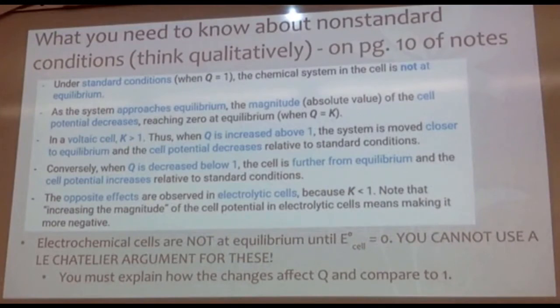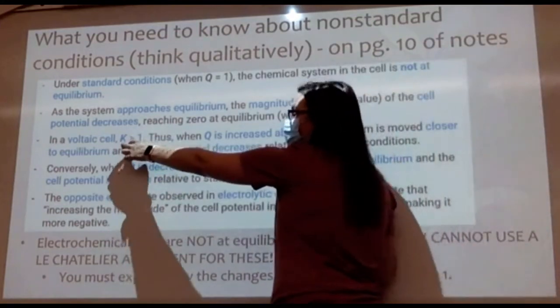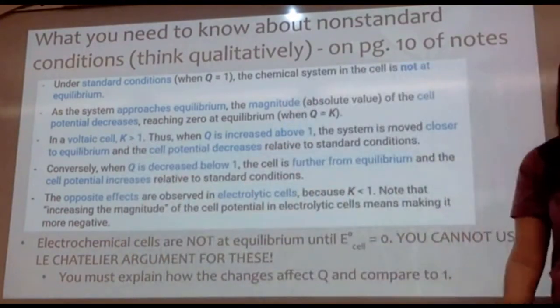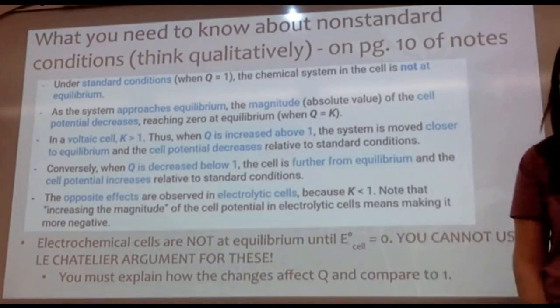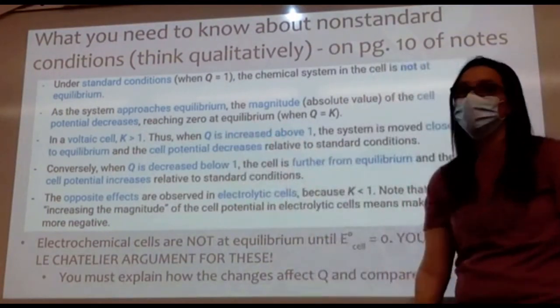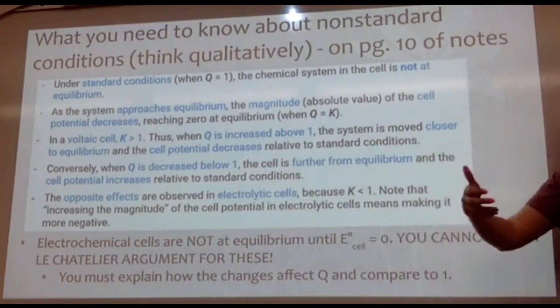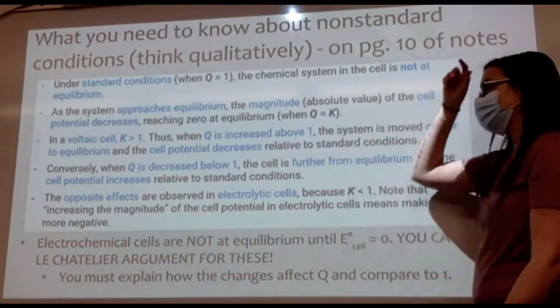If Q is over 1, we are making the system closer to equilibrium because K, the equilibrium constant, is greater than 1. Let's say for some cell, K is 10. If we make some changes and Q is greater than 1, Q is getting closer to 10. Q is getting closer to K. So cell potential decreases.